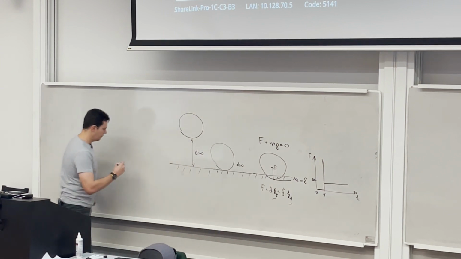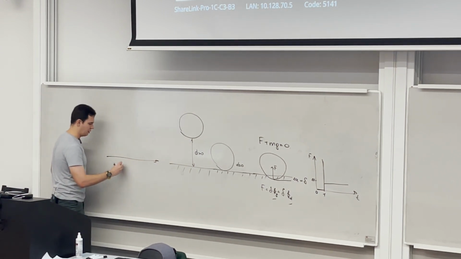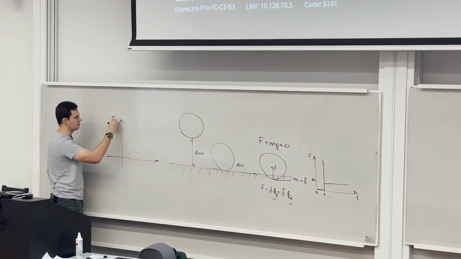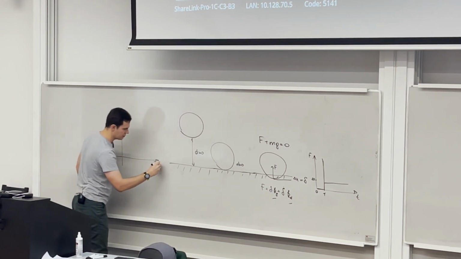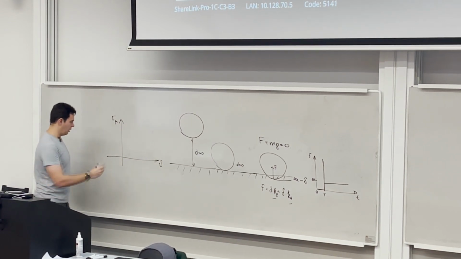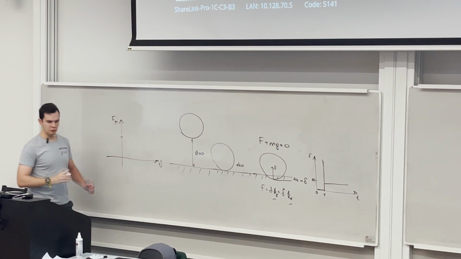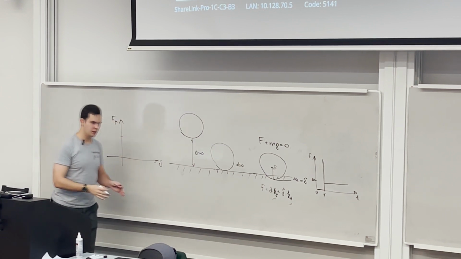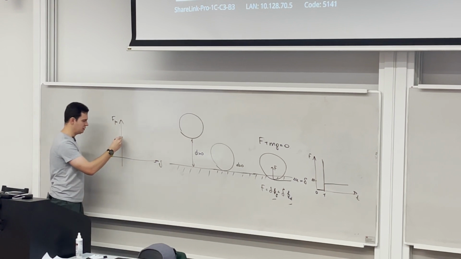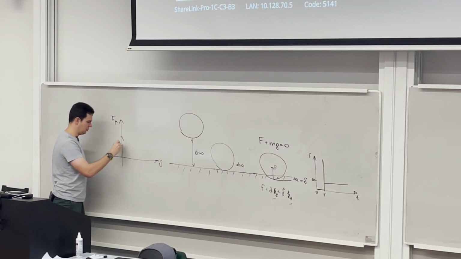And this is why the plot looked like this. So here is the friction force. It is velocity. And right here, in order to make the body move, I need to apply more force than is needed then. So it looks like this.